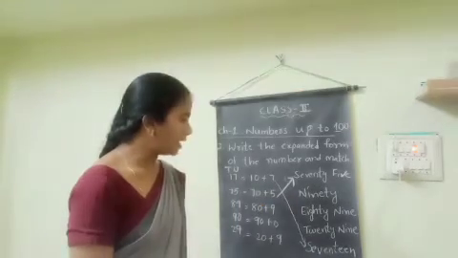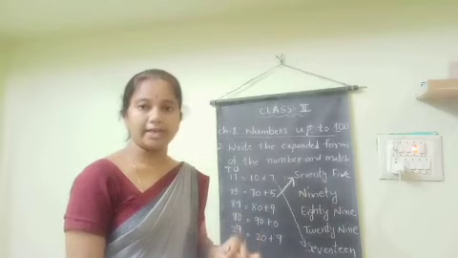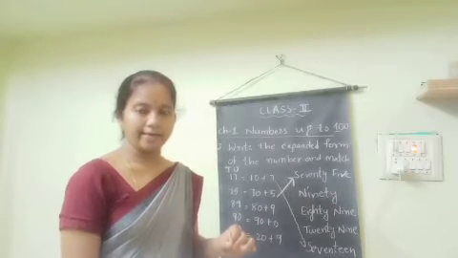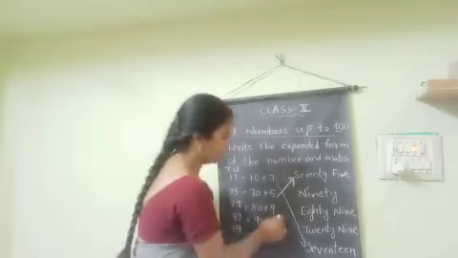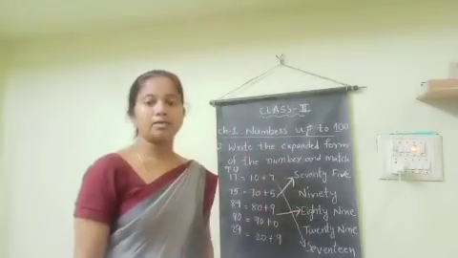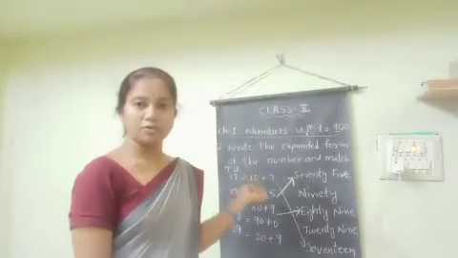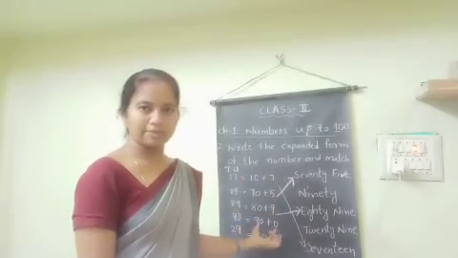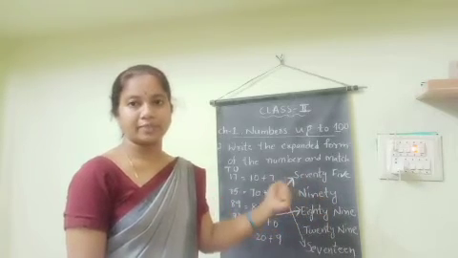Now where is the number name? How to spell 89? EIGHTY 80 and NINE 9. 89. So you should match with the number name 89. To do this bit, you should know the expanded form and also the number names up to 100.